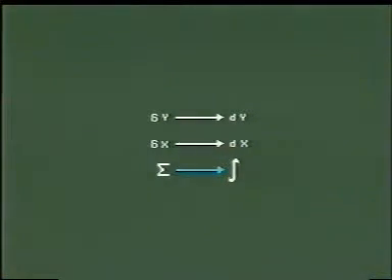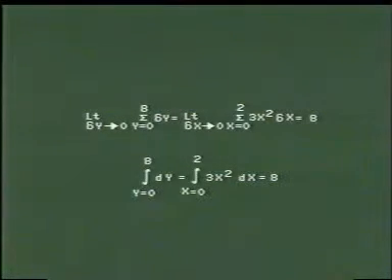Therefore, integral of dy when y varies from 0 to 8 is equal to integral of 3x square dx when x varies from 0 to 2 is equal to 8. Here 0 and 8 are called respectively the lower and upper limits for y, and 0 and 2 are respectively lower and upper limits for x.